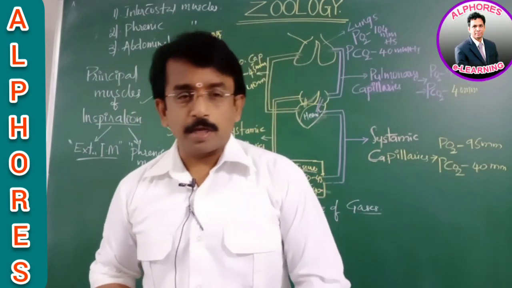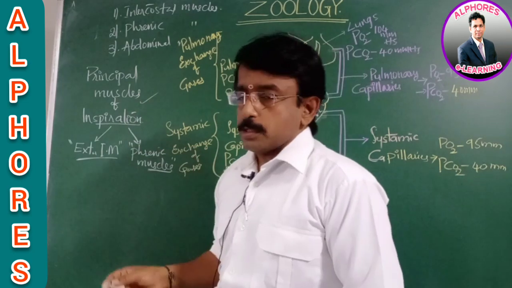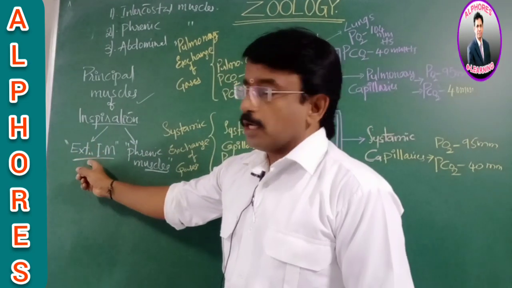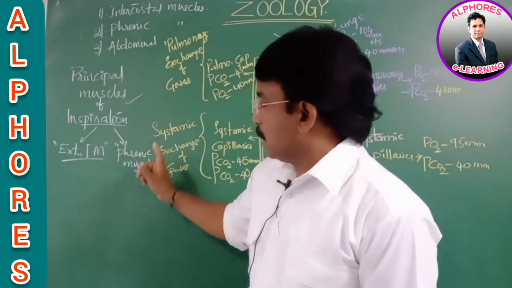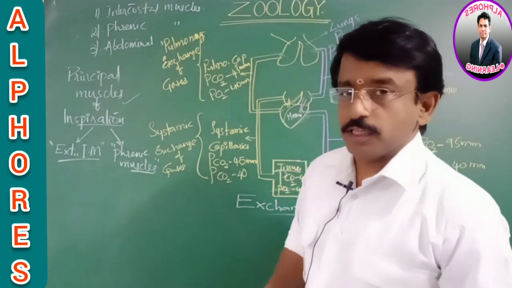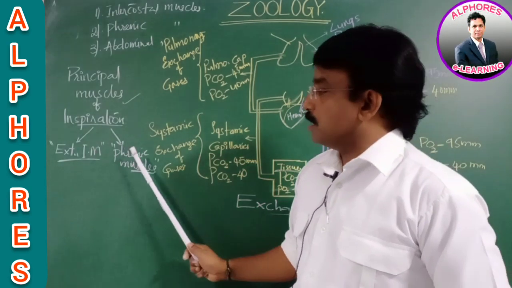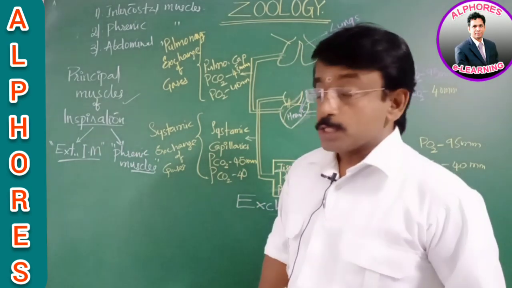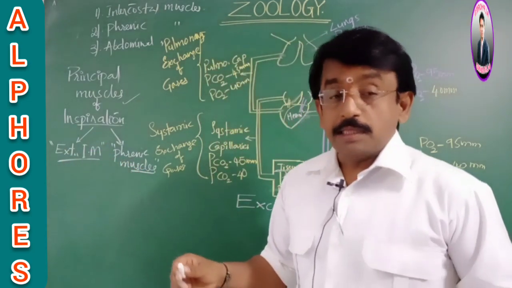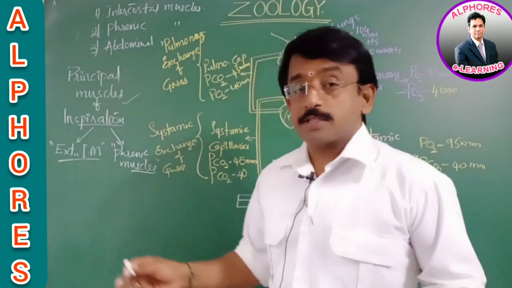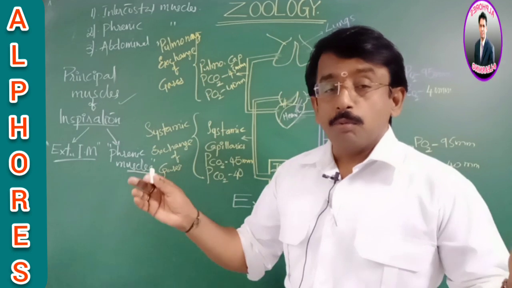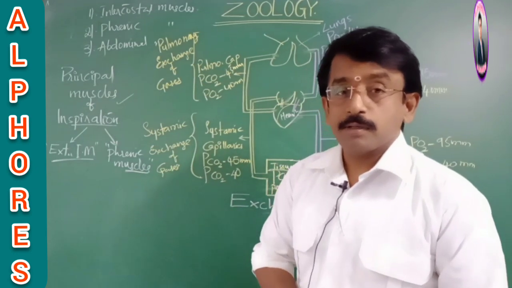What I mean to say is, we discussed that in inspiration the external intercostal muscles contract as well as the diaphragm muscles contract. With the contraction of these muscles, along the anterior-posterior axis as well as the dorsoventral axis, the thoracic volume increases.